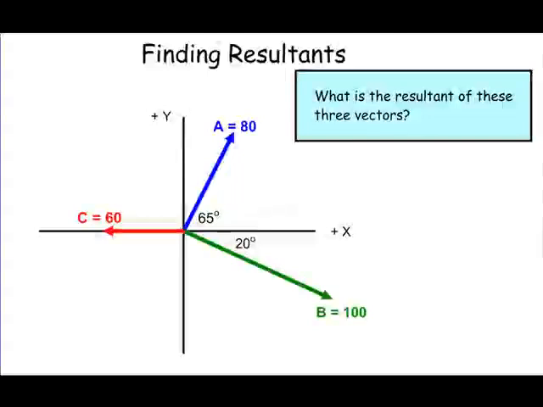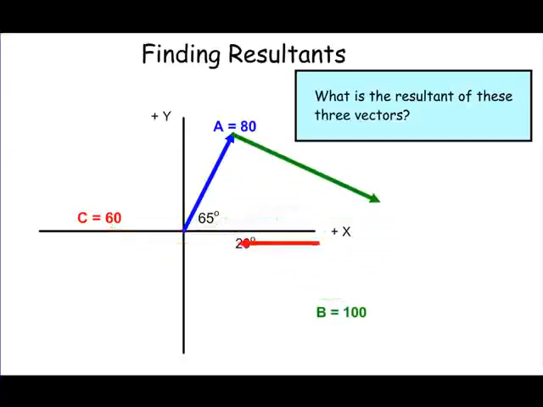So I have these vectors A, B, and C, and if I use the head to tail method, I can take vector B and move it so that its tail sits on the head of vector A. And now I can move vector C and place it head to tail with vector B. And then the resultant connects the beginning, or the tail, of vector A to the head of vector C. In other words, the beginning to the end, and you have it right there.